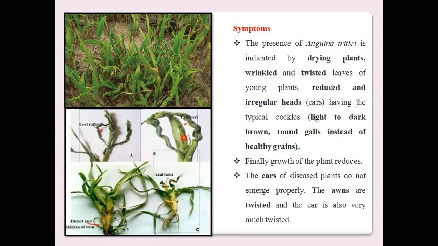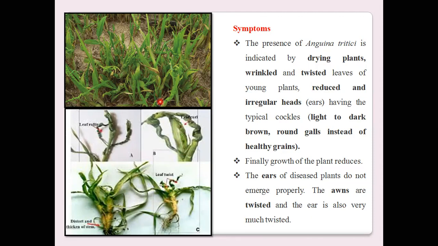Okay, so cockles, means these light to dark brown round balls are generally seen on the infected airhead as compared to the healthy grains. This infection is generally seen on the seedlings, means on the leaf portion, as well as the mature plant that develops the airheads. So the airhead having the seeds is also infected.